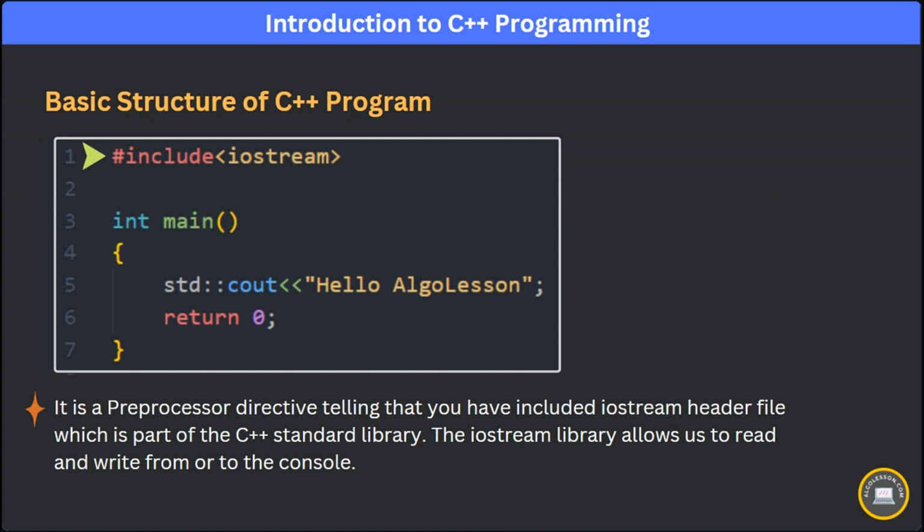So you don't have to worry about the implementation of this header file. There are a few features already built into C++ that you can directly use in your program, and to use those features, you have to include the header file of that particular feature. Here we are using the iostream header file for reading from and writing to the console.